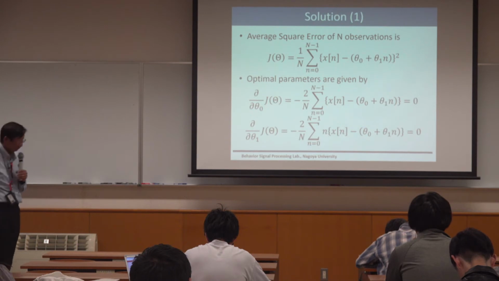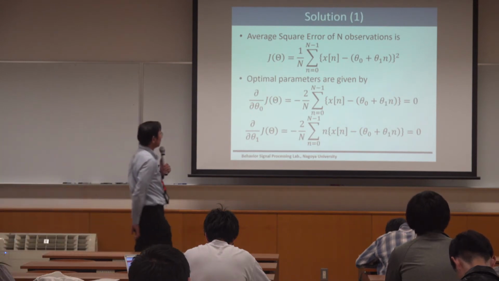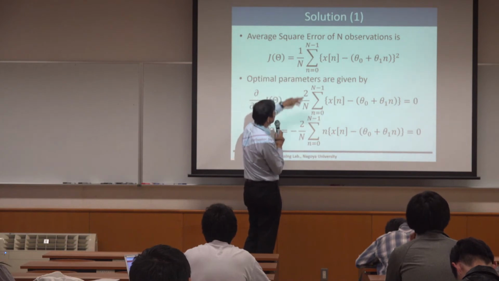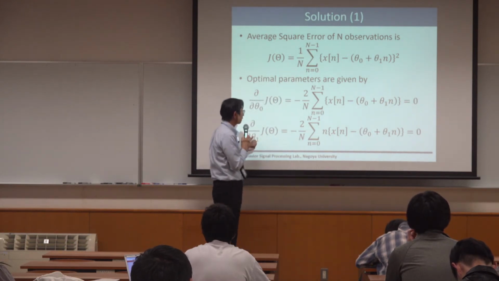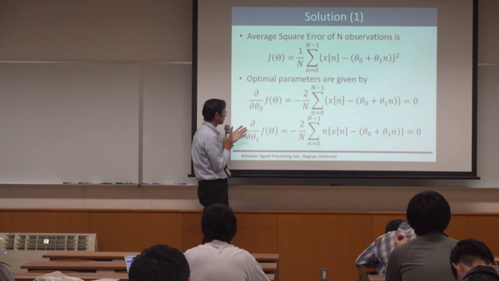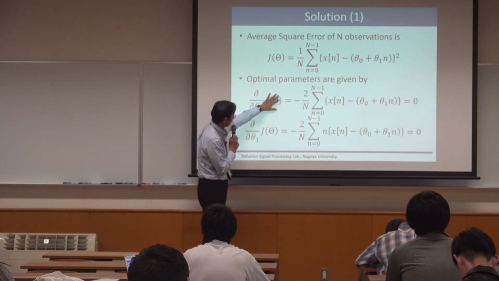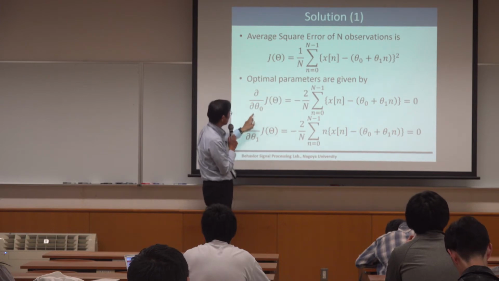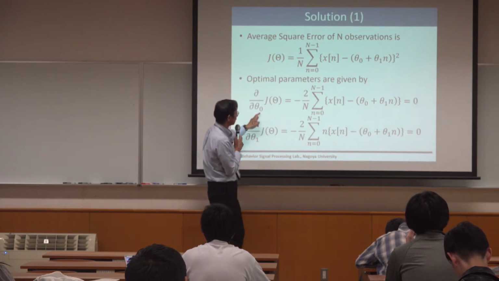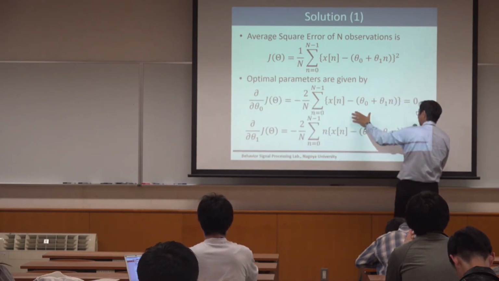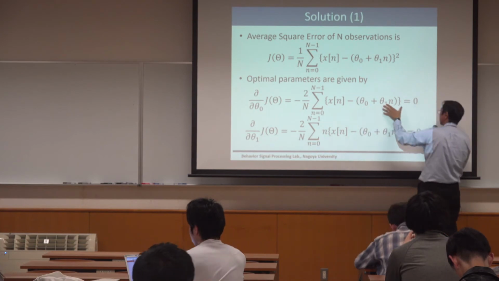But let me describe in a mathematical form here what we have studied in the previous slide. When you differentiate the quadratic error function with respect to theta 0, the derivative becomes like this.